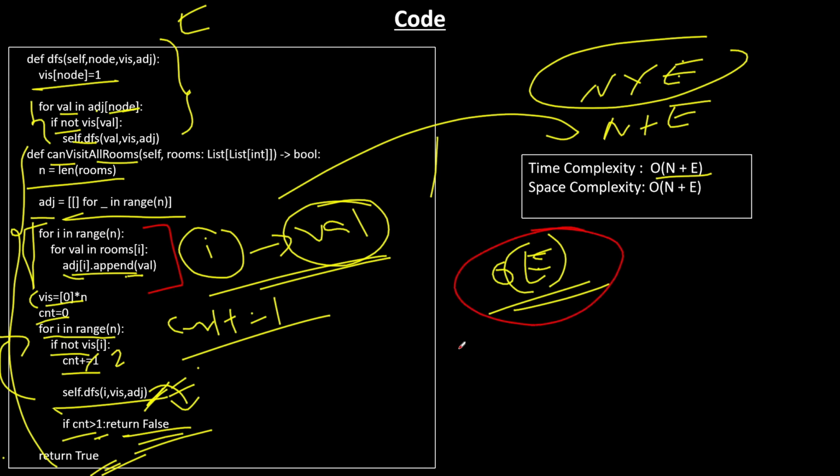Now for i in range, this will take the rooms, and for val in rooms of i, it will take the keys stored in that particular room. So adjacency of i: this room can go to the node having this particular key. Now we create a visited array of size n, initialized with 0, meaning unvisited, with count equal to 0.